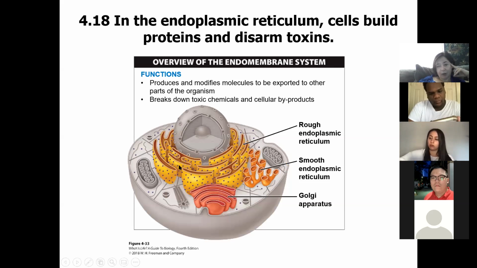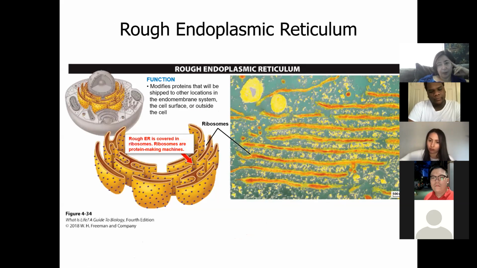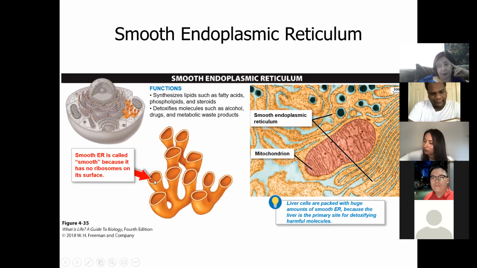It's a structure around the nucleus, and that's where ribosomes are. Ribosomes are literally protein building machines. They're located on the endoplasmic reticulum. The rough is the one that has the ribosomes. Smooth doesn't have ribosomes, and other molecules are synthesized there: fatty acids, phospholipids, steroids.